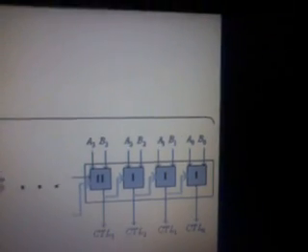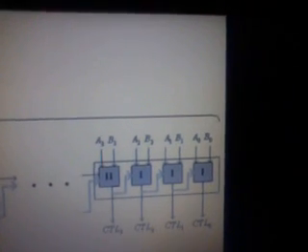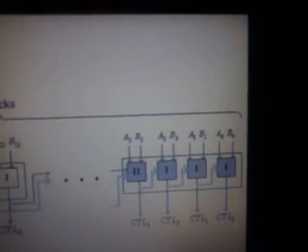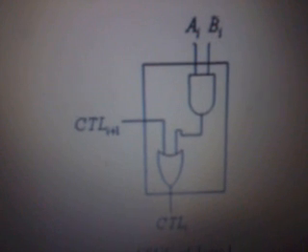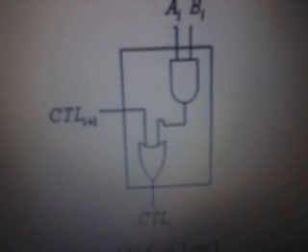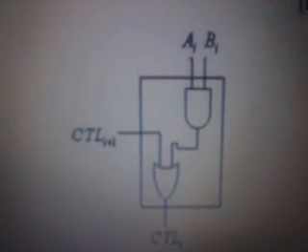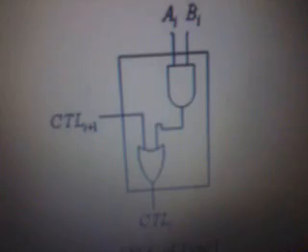For example, the inputs A0 and B0 are given to control block 1, and the output of the next control block, that is from A1 and B1, will be given to the input of this OR gate.